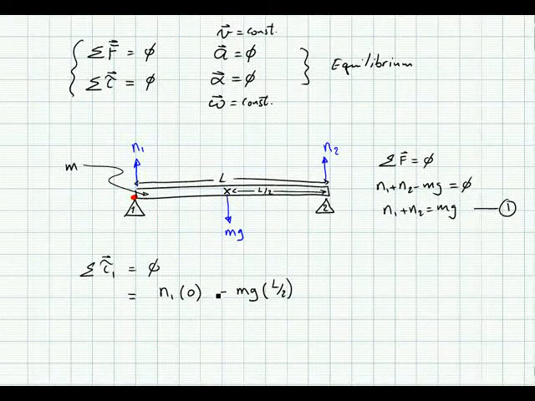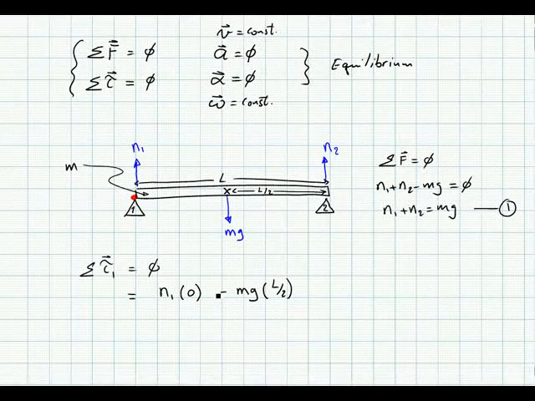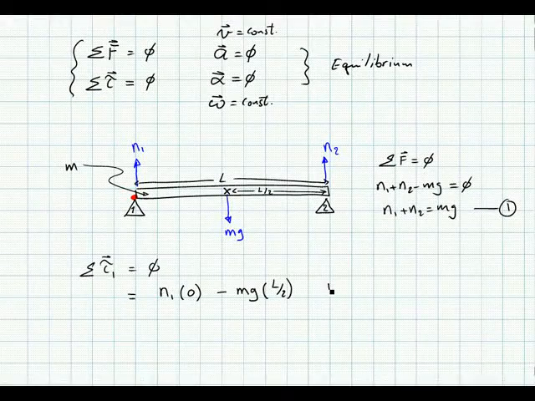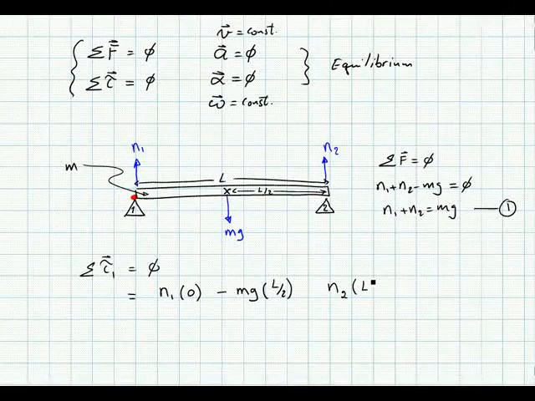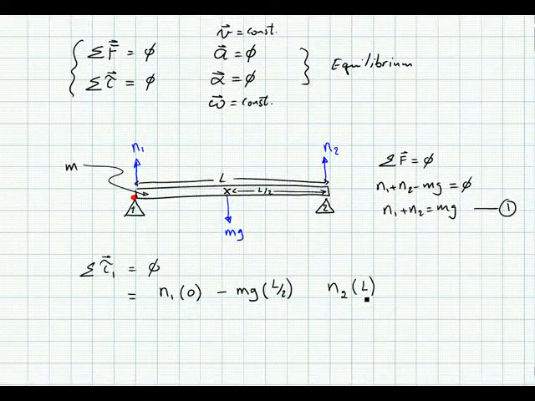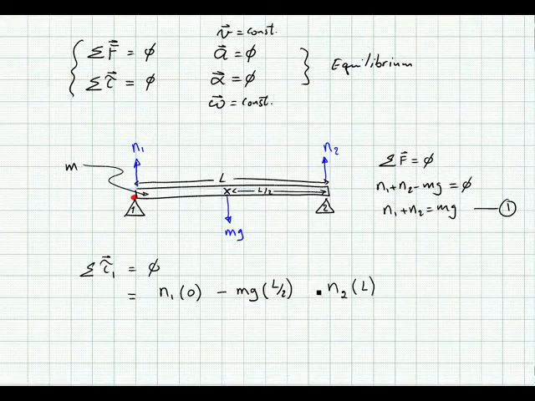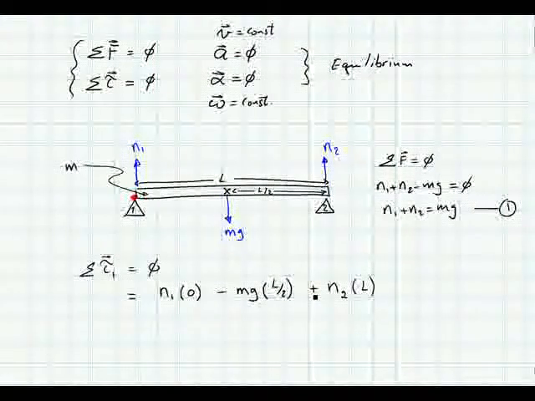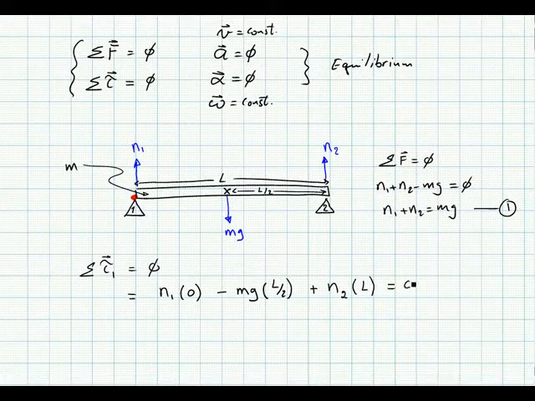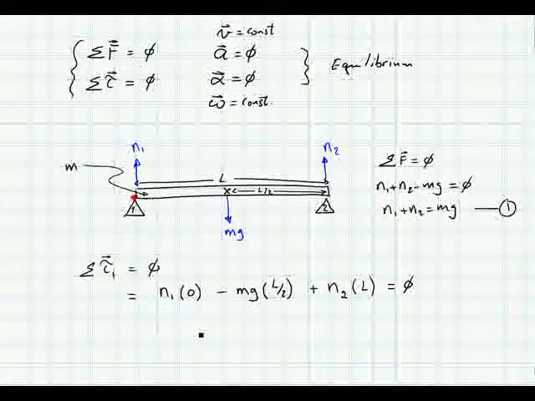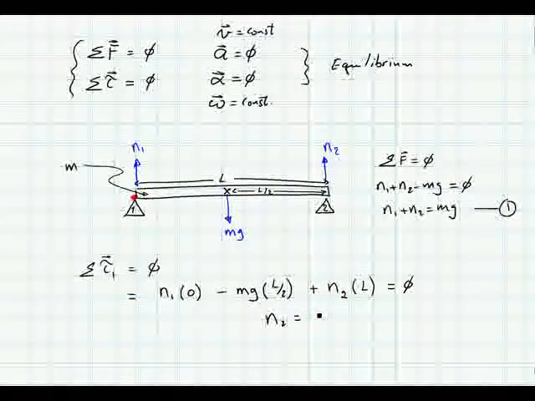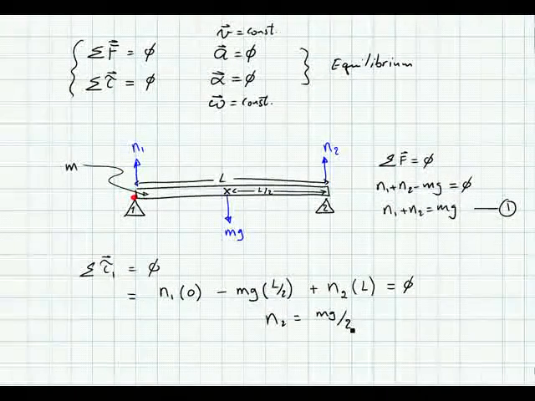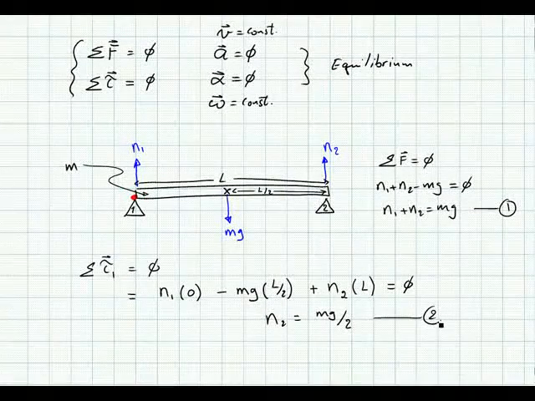And then we have N2, and the moment arm is the whole length of the beam, which is L, and N2 acting on the beam would cause a counterclockwise rotation, therefore it's a positive torque. That must equal 0, which means that N2 is equal to, if you simplify, mg divided by 2. So that's your second equation.